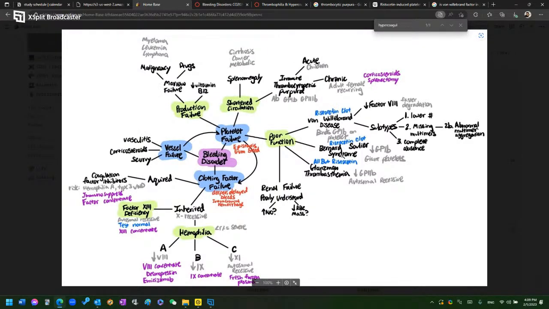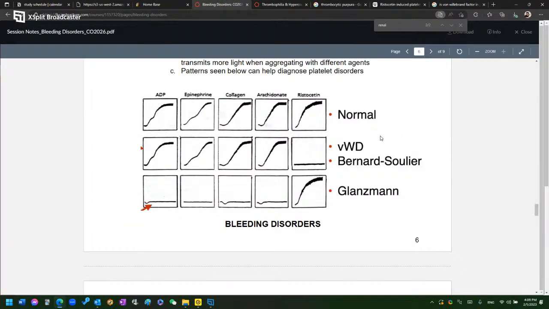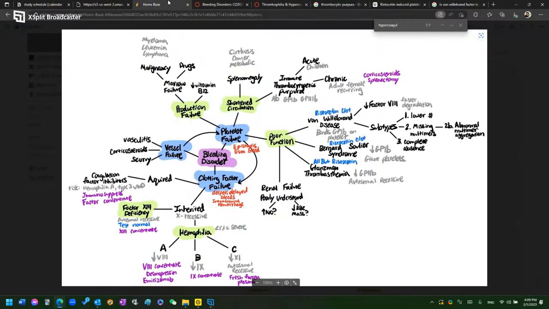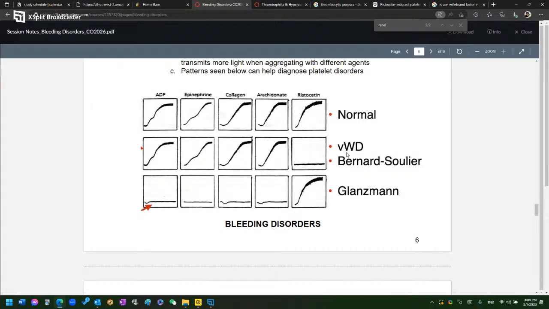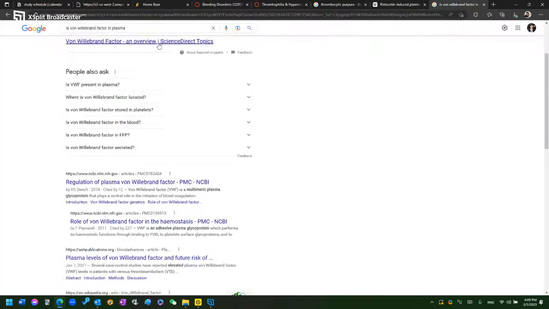As we can see here, ristocetin is an antibiotic and it promotes somehow the anchoring of your GP1B to von Willebrand's factor. That's its job. That's the effect. So when you add ristocetin, it should normally cause clotting, right? But since you're missing one of these two, nothing happens, right?